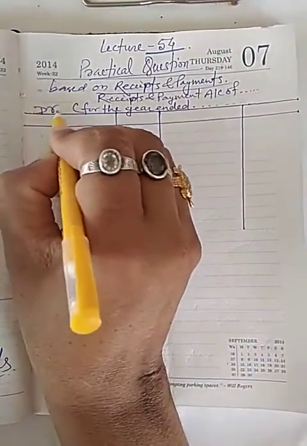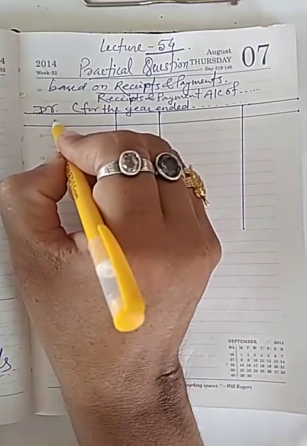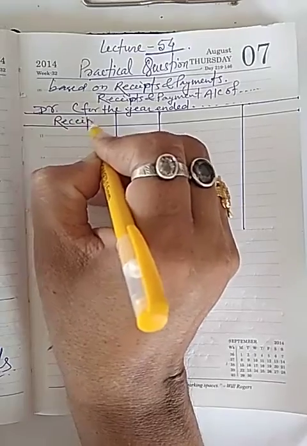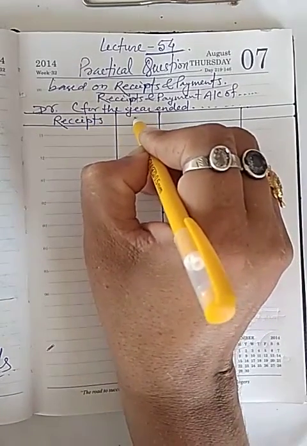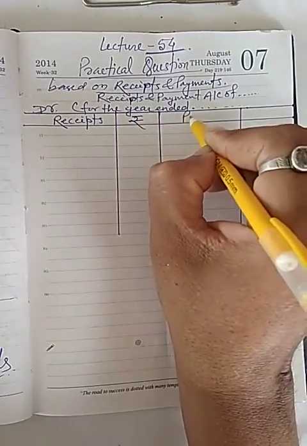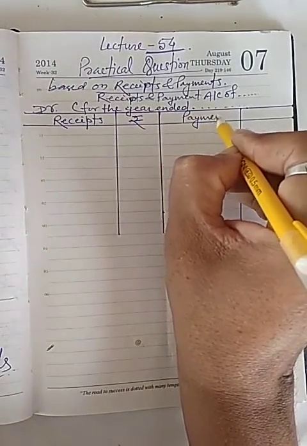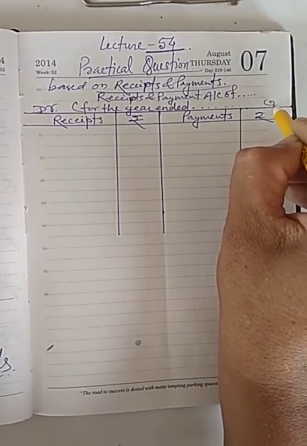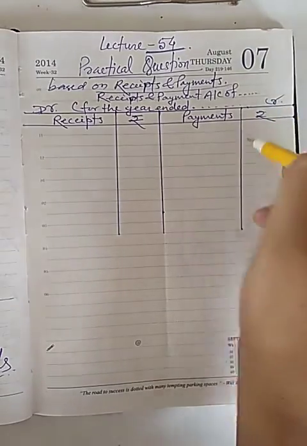This is DR side and it will be receipt amount, payments amount, and this will be CR side.